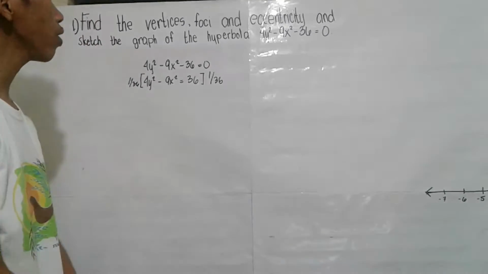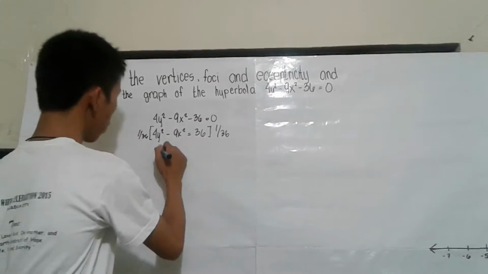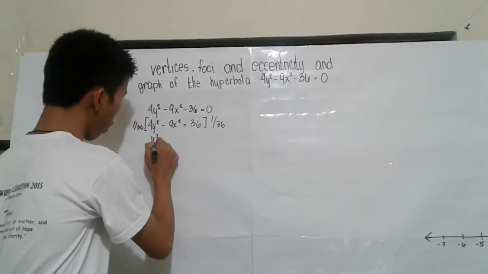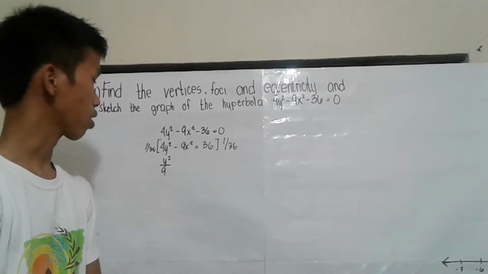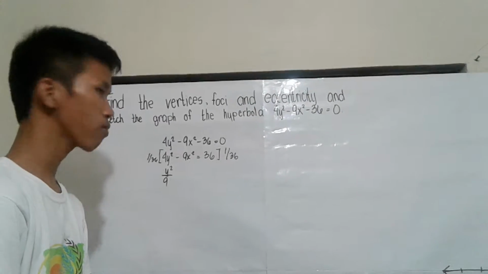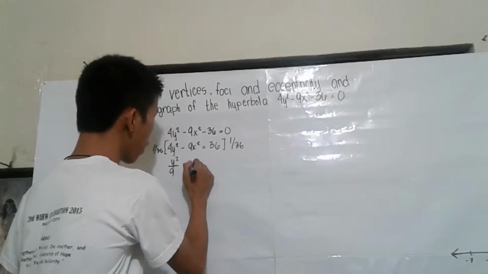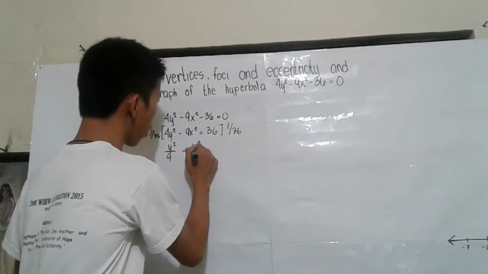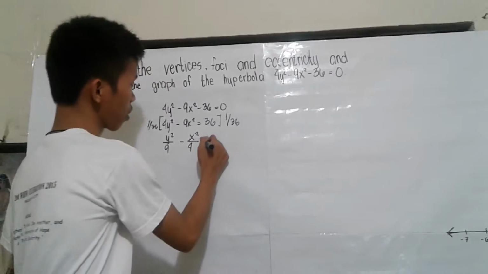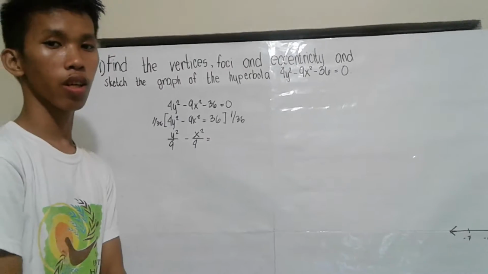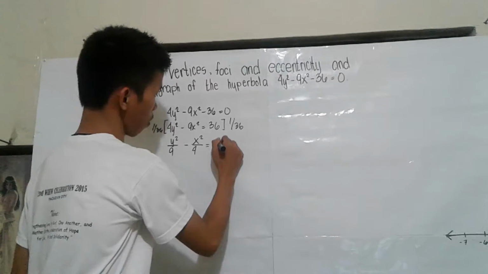So 1 over 36 times 4y squared is equal to y squared over 9. Then 1 over 36 times negative 9x squared is equal to negative x squared over 4, is equal to 36 times 1 over 36, which is equal to 1.